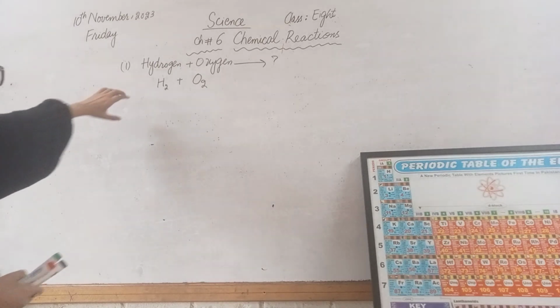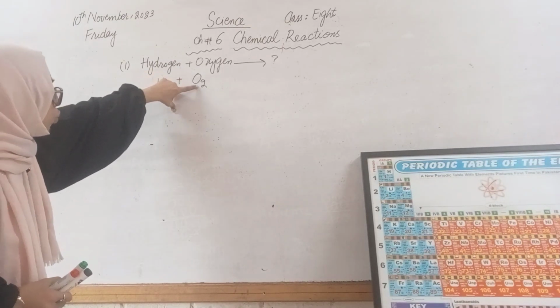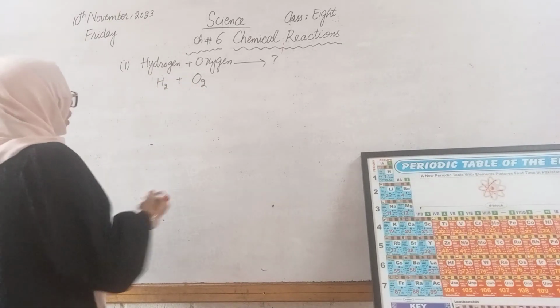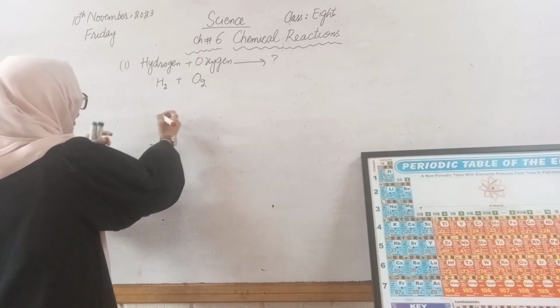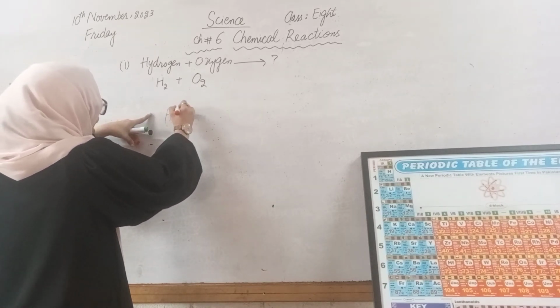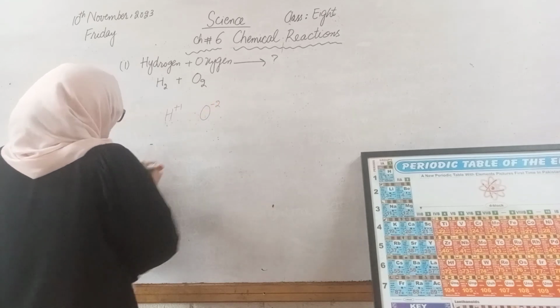So we have written H in the 2 form and O in the 2 form. For doing the chemical reaction in a theoretical manner, we will use the charge. H has charge +1 and O has charge -2.